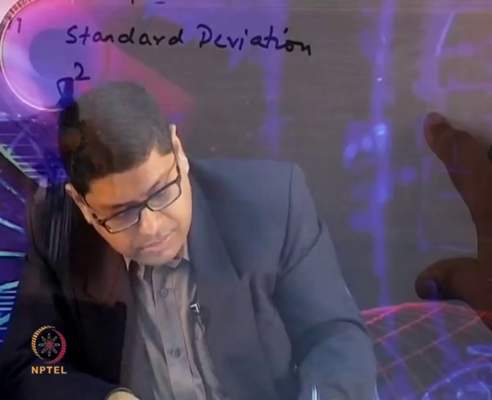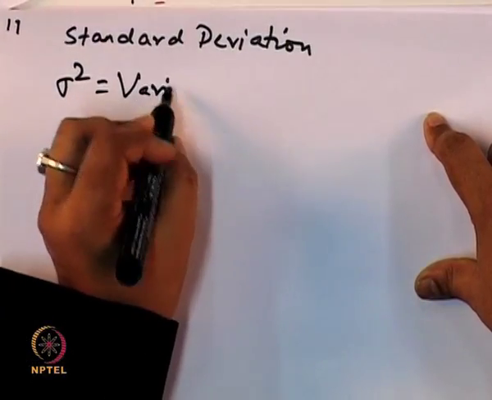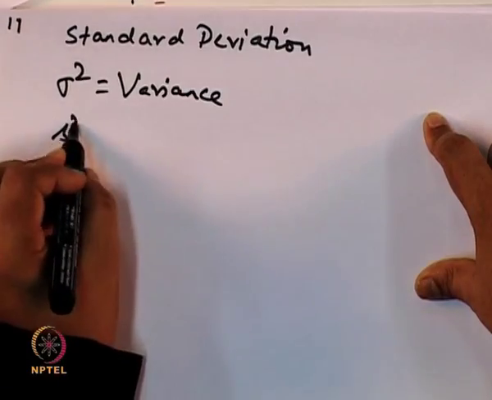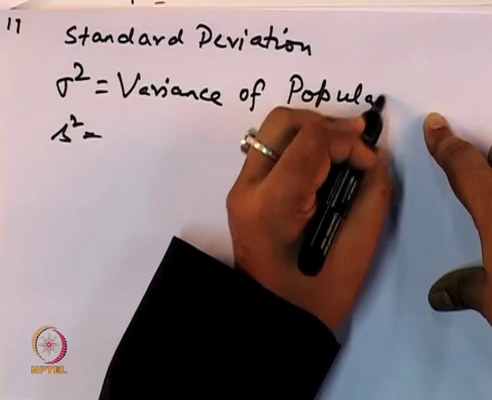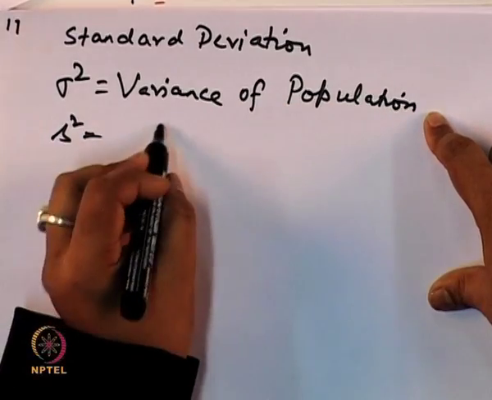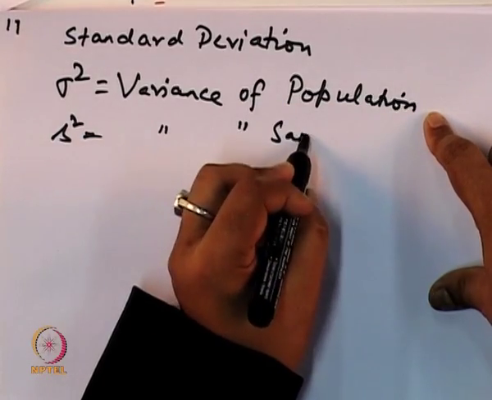Okay. And variance: sigma square is the variance for the population, and S square is the variance of the sample.